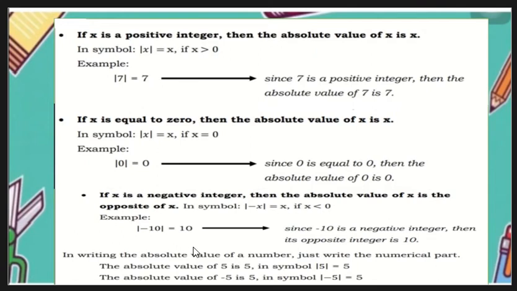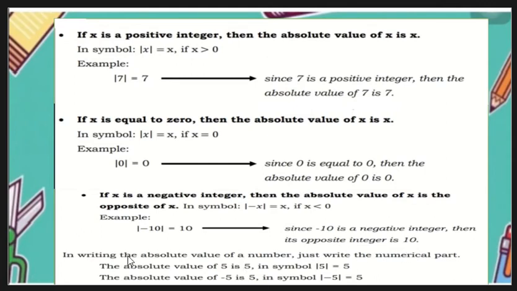For example, we have the absolute value of negative 10. Therefore, the absolute value of negative 10 is equal to 10. Remember, take note, as I mentioned earlier, that absolute value is always positive. Since negative 10 is a negative integer, then its opposite integer is 10.